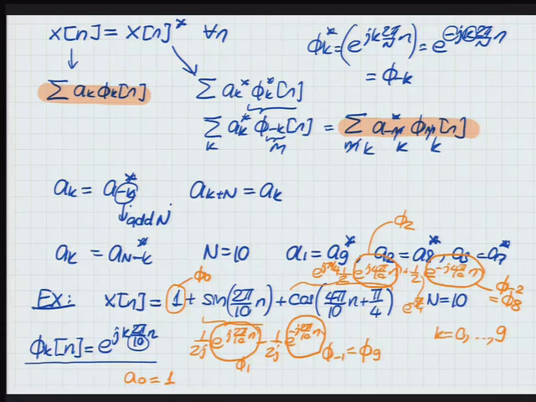The coefficient for phi 1 is 1 over 2j. The coefficient for phi 2 is 1/2 times e to the j pi over 4. What is that anyway? pi over 4 is what? 45 degrees. So it's like 1 over square root of 2 plus j times 1 over square root of 2. If you want to write it that way, you can, but I'm not going to bother.